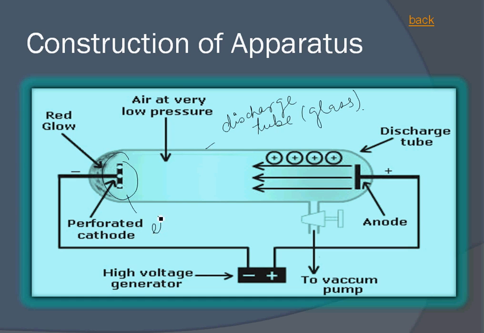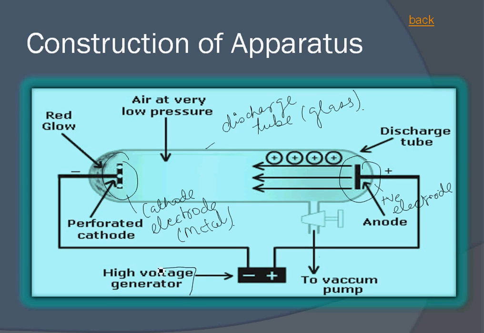These are the metal electrodes. This is the cathode electrode, basically the negatively charged electrode. And this is the positive electrode. We call it the anode.